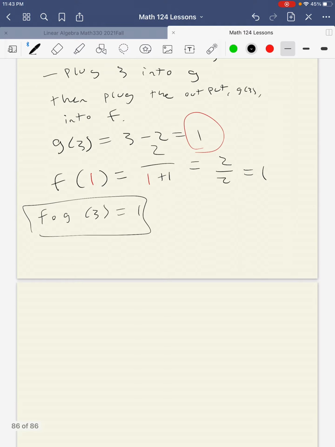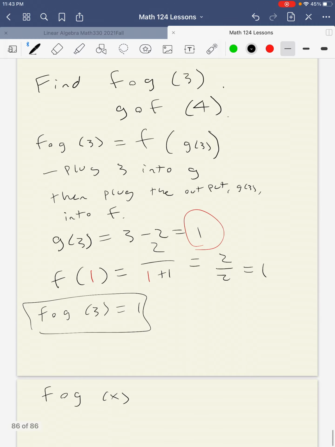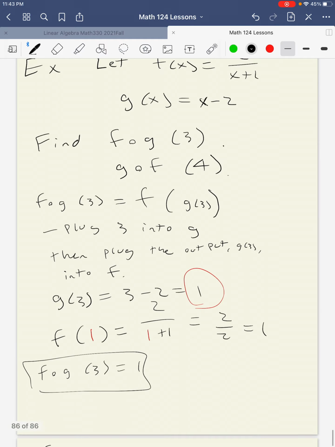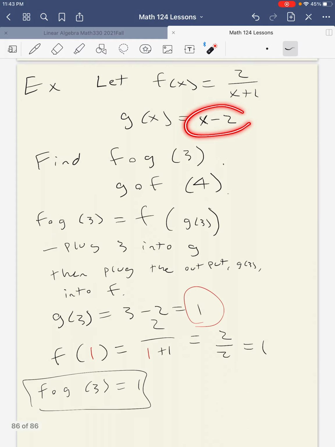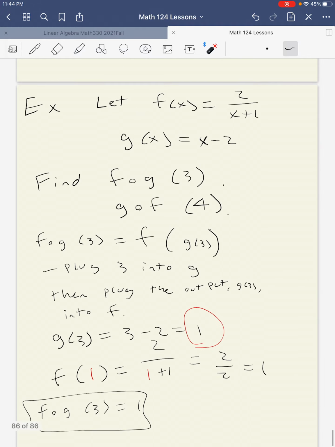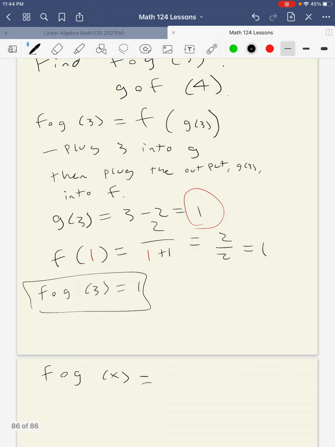Another way you could have done it is first you could have found f of g of x and then just plugged in the number 3 for x. So let's do that just to verify it's the same thing. So if we did f of g of x, we just take this formula for g and plug it into the f formula.